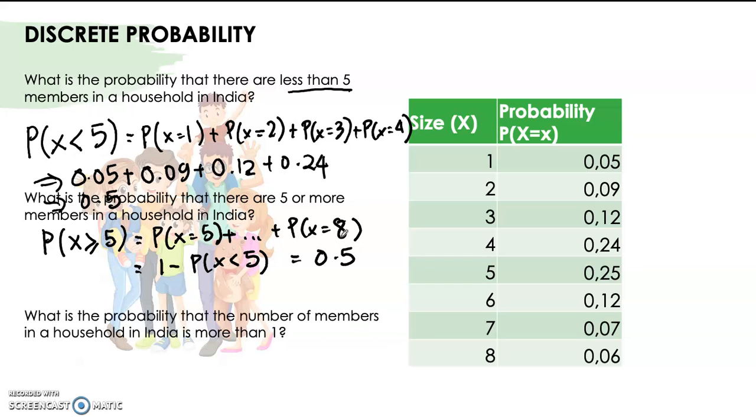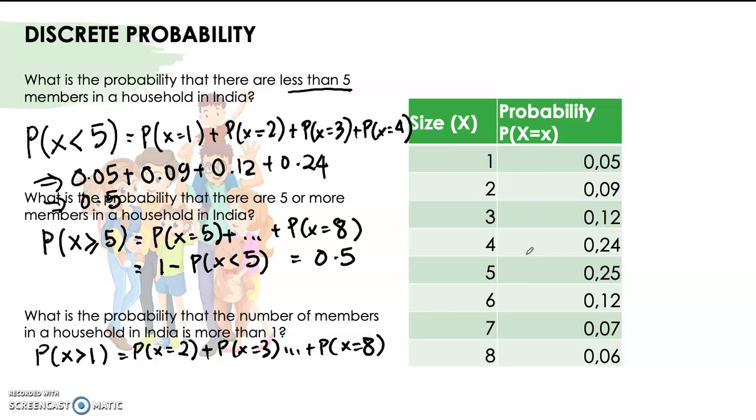Now the next one. What is the probability that the number of members in a household in India is more than 1? So the symbol would be P(x more than 1). It is P(x=2) plus P(x=3) and so on up to P(x=8).